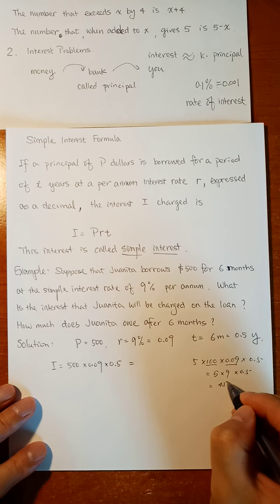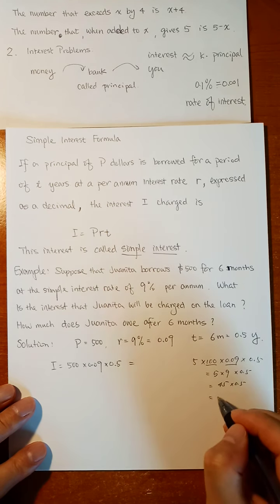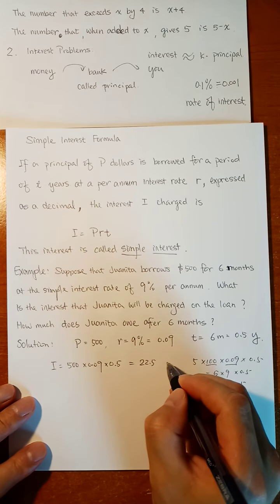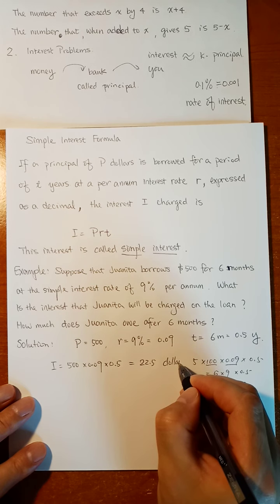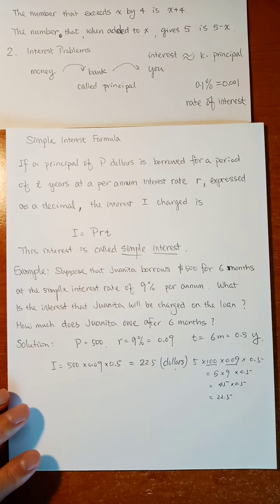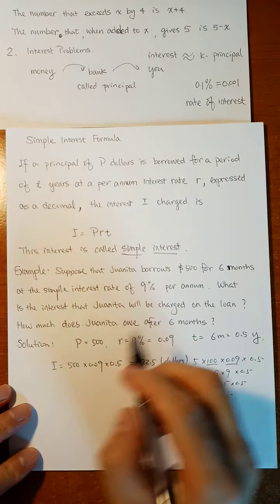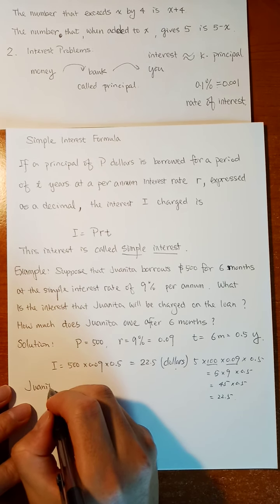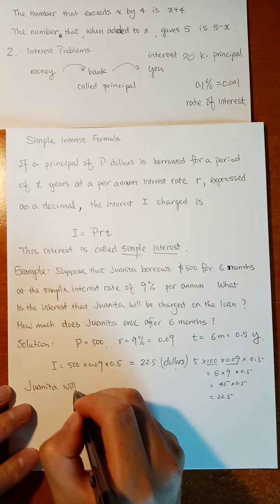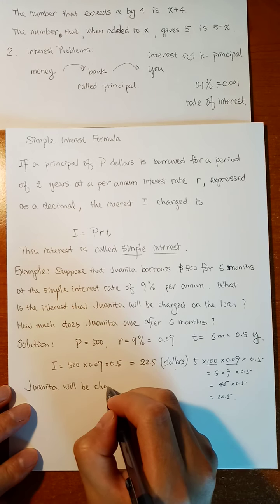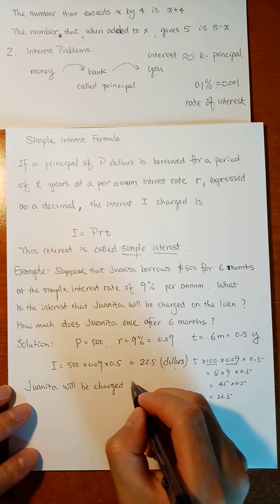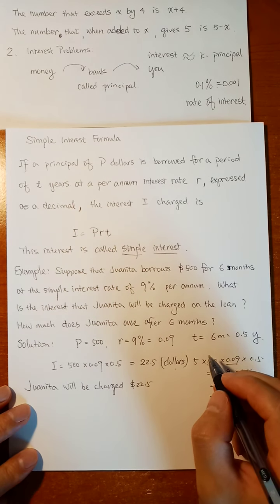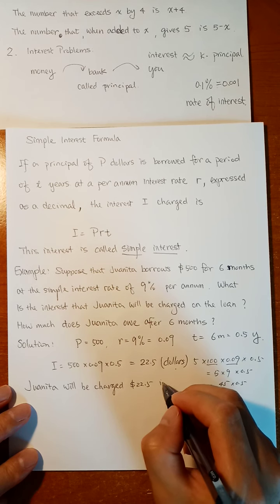It's 45 times 0.5, which is 22.5. So it's $22.5. Okay? So you can answer that Juanita will be charged $22.5. Okay, this is the interest.